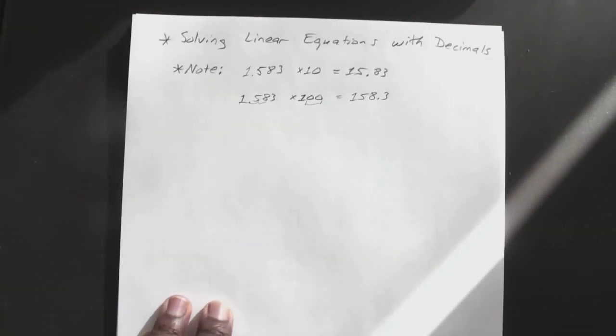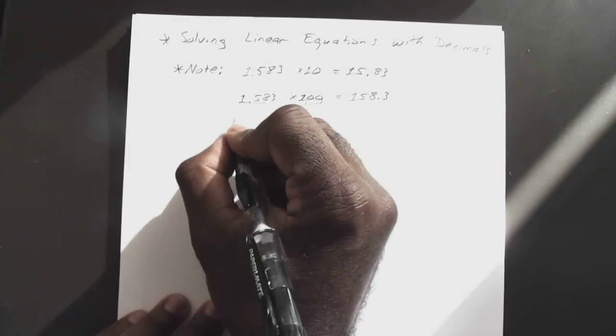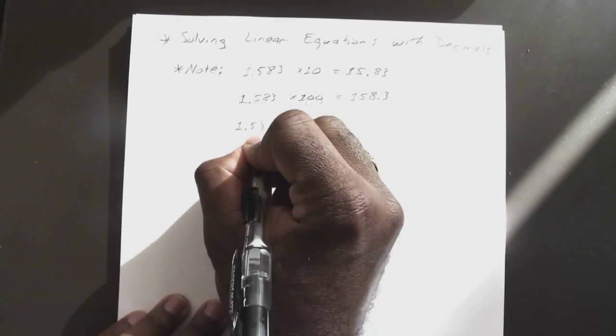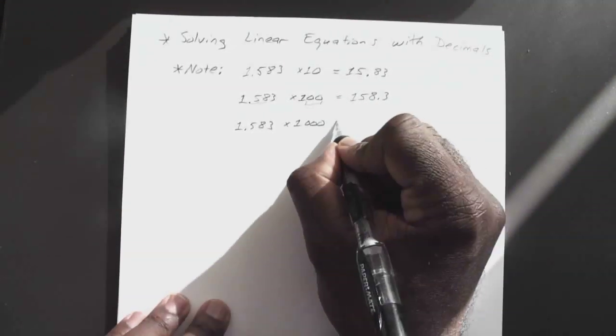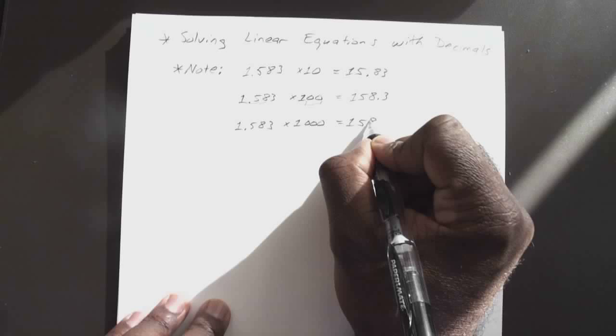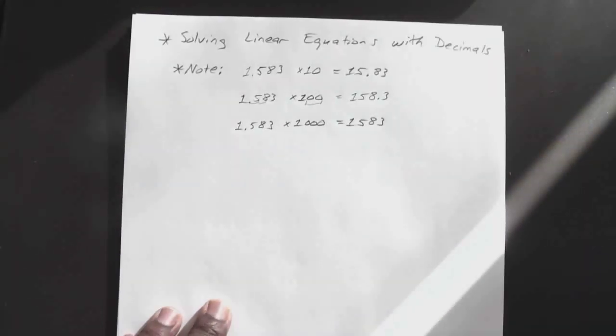Now if you multiply it by 1,000, you're going to move it 3 times. Which is 1,583. Multiply by 10,000, you're going to move it 4 times.